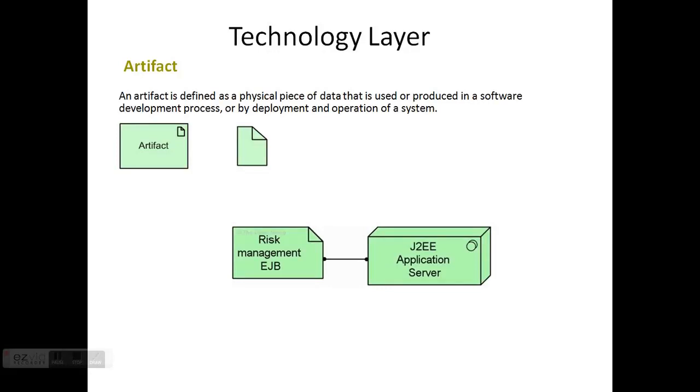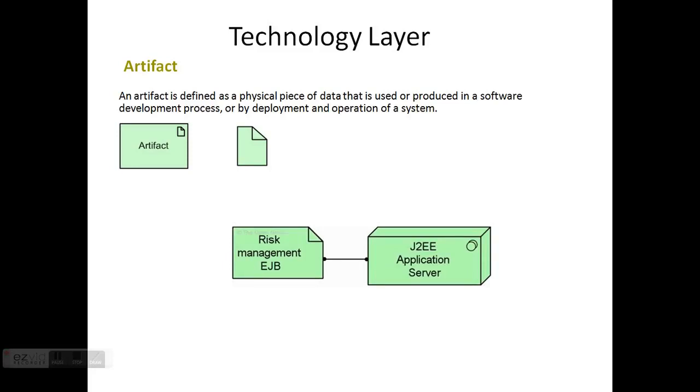Okay, so this way we have already gone through all the entities of all three different layers: the technology layer in this session, and the business and application layers in previous sessions. Now I will be talking about the ArchiMate cross-layer dependency and relationship.